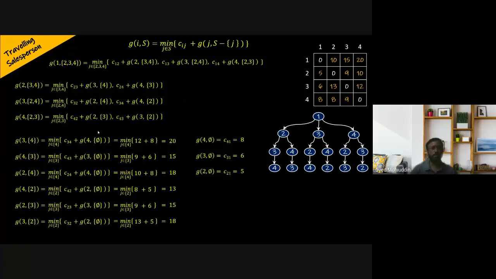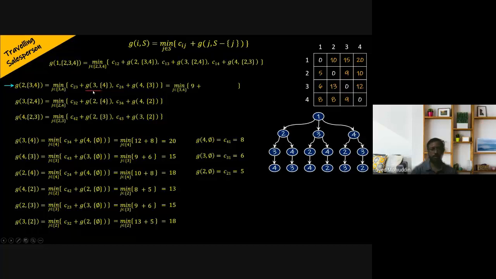Now for the previous equation, what we have is minimum of cost of 2, 3, which is 9, plus G of 3, 4, and for 3, 4 we have the cost as 20. So it's 9 plus 20. Since J has two vertices to explore, that is 3 comma 4, for 3 we have 9 plus 20, which is 29.